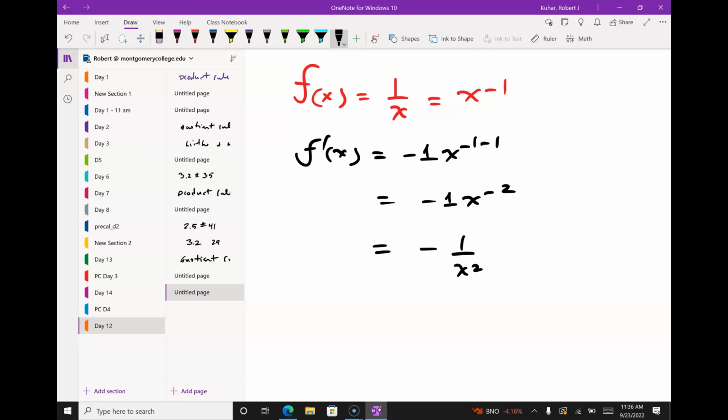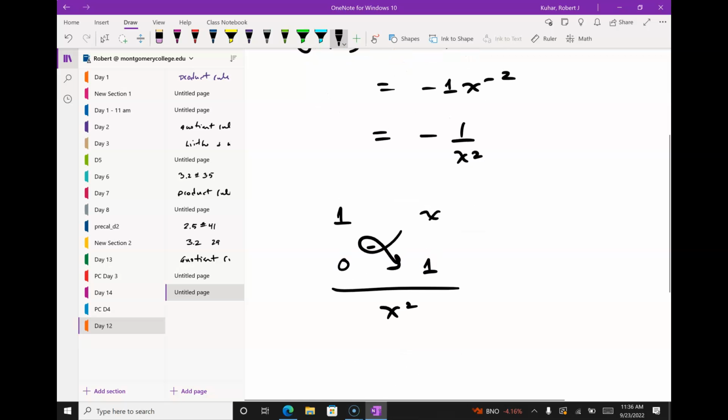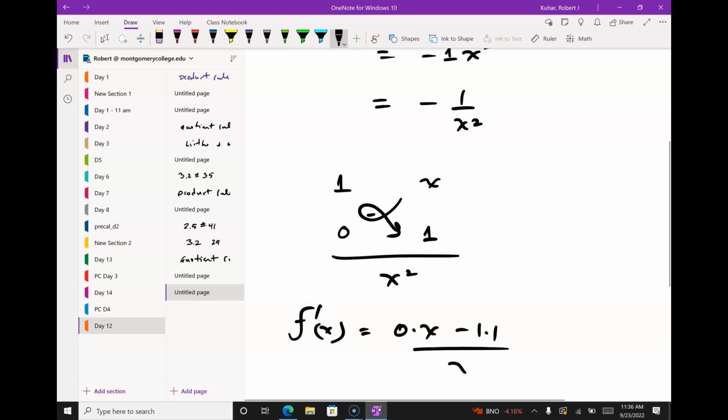What's the numerator? 1. What's the derivative of 1? 0. Good. Downstairs is x. What's the derivative of x? Good. Downstairs squared is x squared, and we're using this loop with a negative. So f prime of x is 0 times x minus 1 times 1 all over x squared, which of course is just the same as we got with our shortcut.